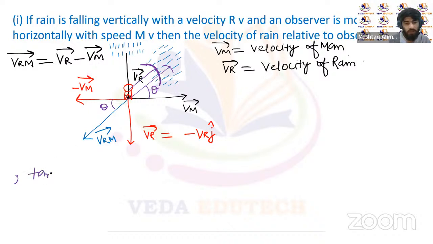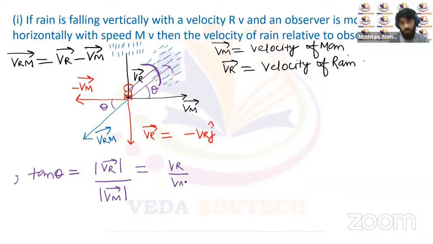We can write tan of theta as the perpendicular upon the base. The perpendicular will be mod of VR upon mod of VM. So VR upon VM will give us the angle at which this person has to keep the umbrella in order to protect himself from the falling rain.